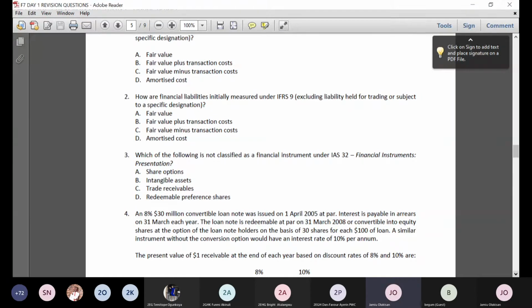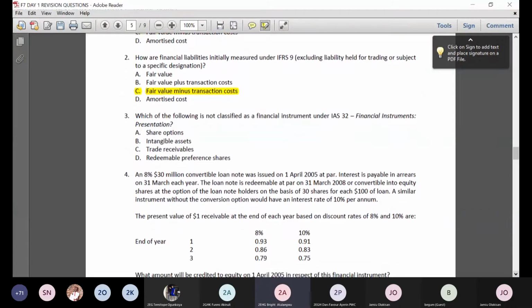Okay, read the third question. Which of the following is not classified as a financial instrument under IAS 32, Financial Instruments: Presentation? A. Share options. B. Intangible assets. C. Trade receivables. D. Redeemable preference shares.